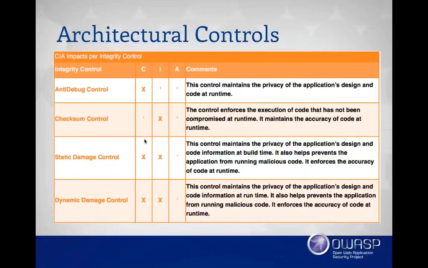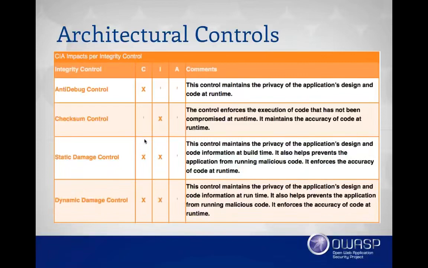Now, dynamic damage control is an interesting one. This is directly connected to the Target incident, believe it or not. In the Target incident involving credit card theft, there was memory scraping going on. The malware was scraping memory that had unencrypted content in it.